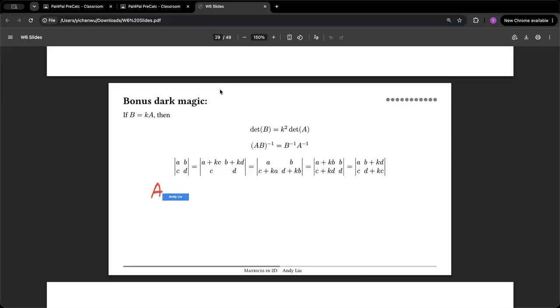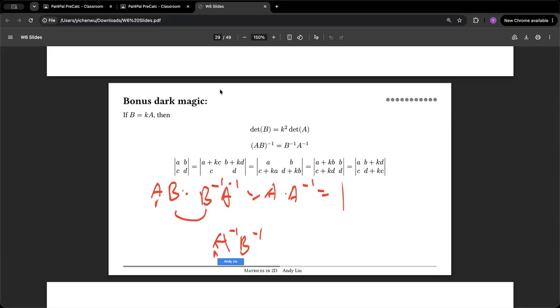It's just AB times B inverse A inverse. So the B and the B inverse cancel out, so it's A times A inverse and it's equal to 1. And this works because it's not equal to A inverse B inverse. The reason is that, as we said, multiplication is not commutative. You can't just directly cancel the A and A inverse here because they're not directly next to each other.